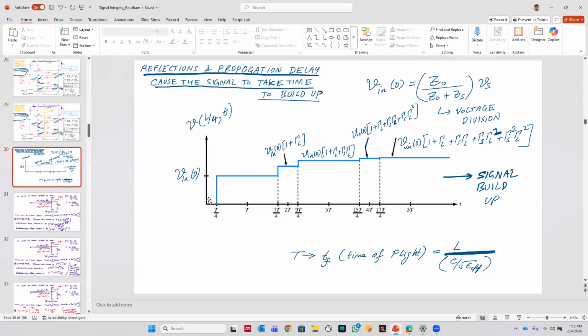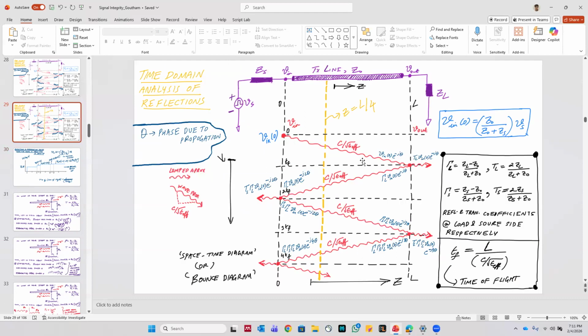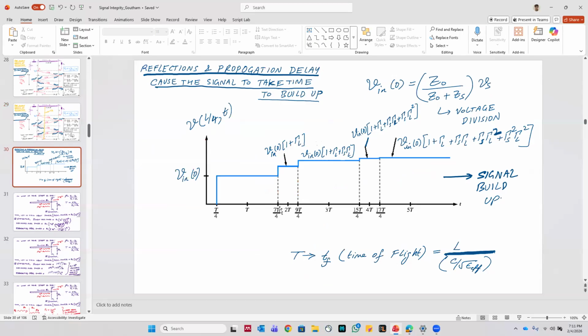So what ends up happening is at every one of these instances, you can see these instances are exactly the time it takes for the signal to bounce at different locations and reach there, okay? So this is t by 4. Then to go here and come back, what it would be, right? It would be 3t by 4 plus 3t by 4, right? So it will be 6t by 4 plus t by 4. That's why it's 7t by 4.